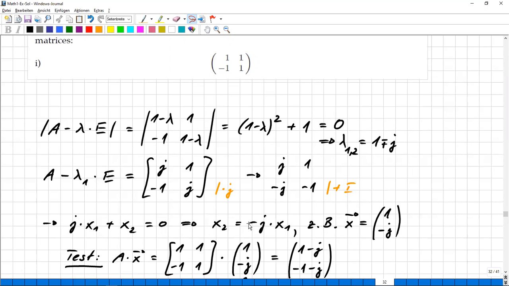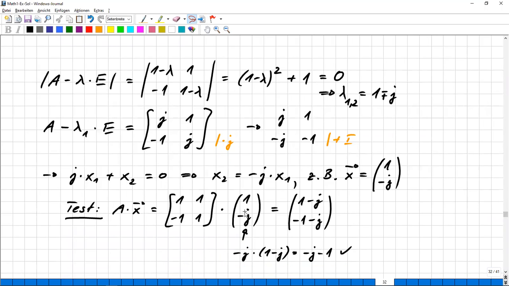So now this is the test: using this vector and applying our original A matrix to it, we would get 1 times 1 plus 1 times minus j, so 1 minus j for the first component, and for the second one, -1 minus j. And as you see, after a while, this is exactly the original vector multiplied by this complex eigenvalue 1 minus j.